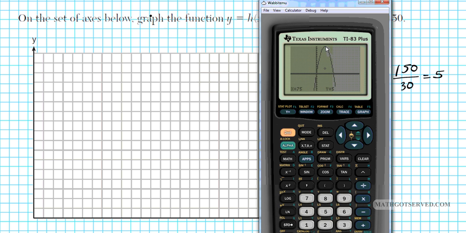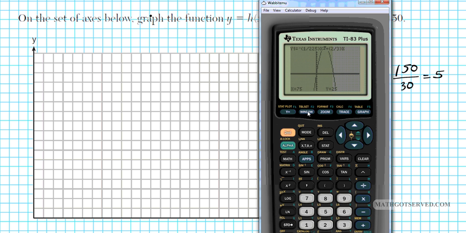Now, what we're looking for is the maximum y value to be inputted in our window so that we have a nice little graph, okay? So if you press trace, excellent. You see, it tells us that when x is 75, you see the flashing cursor on the top right there? That is the maximum y value of 25.